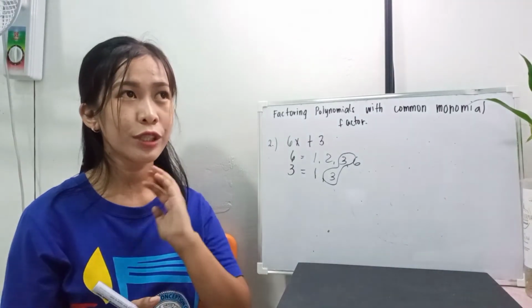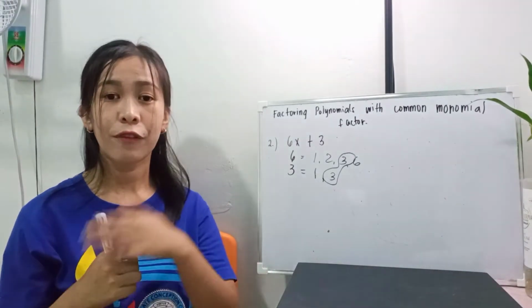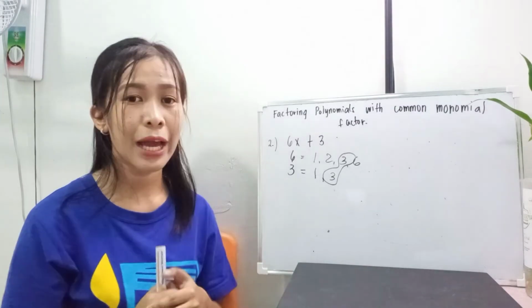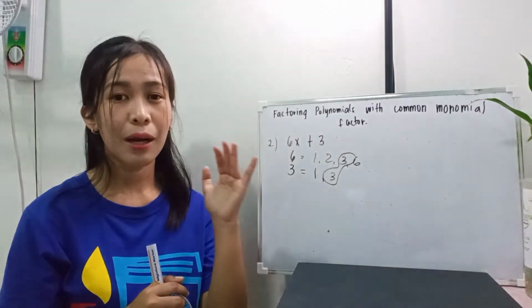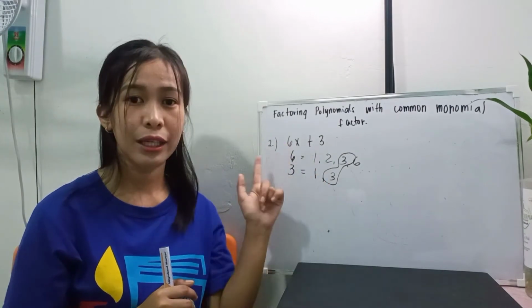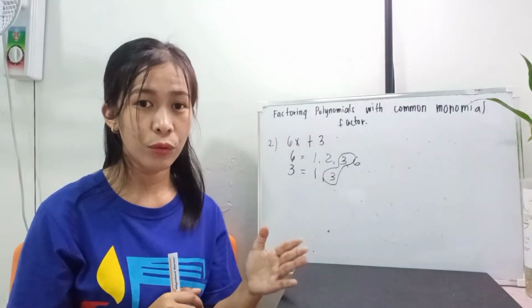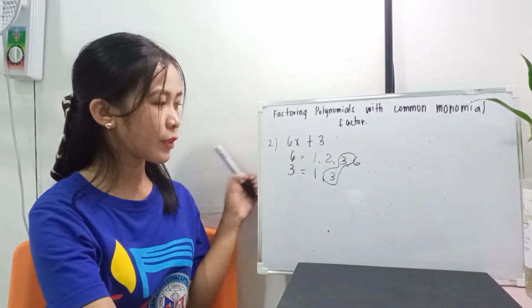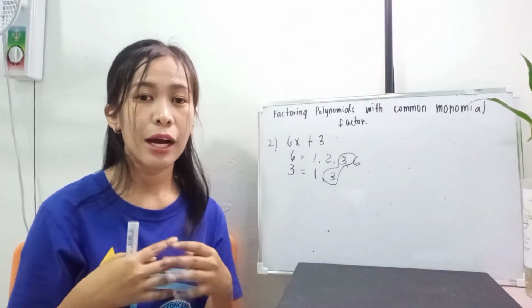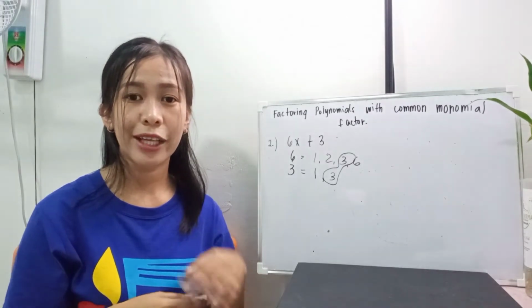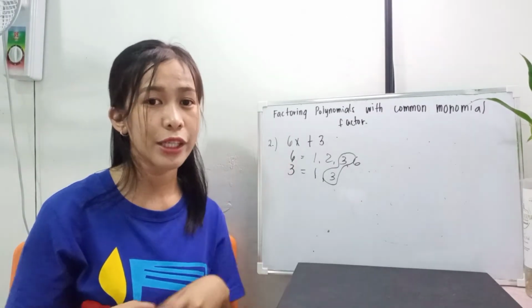Okay, so when you really understand well the factors of the numbers, madali nyo lang ma-identify kung ano ba yung pinakamalaking factor na makakapag-divide sa dalawang ito evenly or with no remainder. Alright? And then right after that, kunin naman natin yung pinaka-maliit na exponent ng kanilang variable.